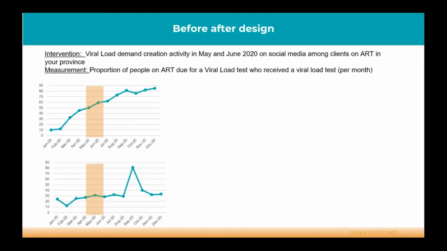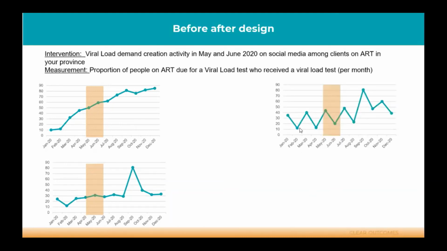Let's have a third one. I'll look at this graph. It's the same kind of question. And again, here, think about, are these changes due to the intervention? Okay, we get a similar result, 60%.